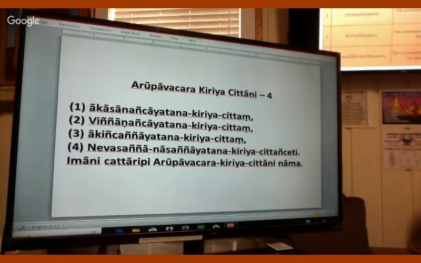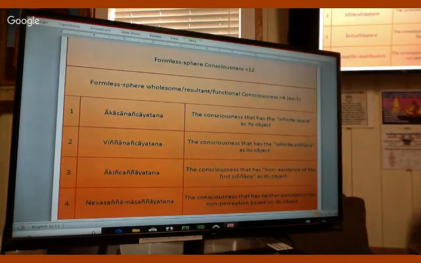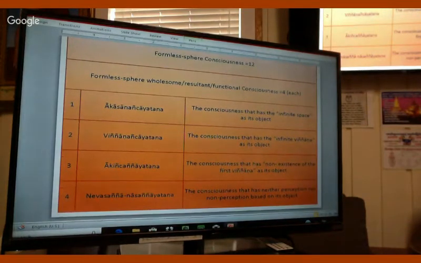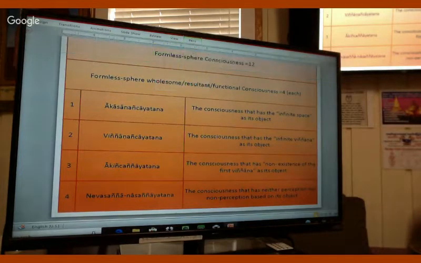Okay, so here I made a table to understand more clearly. I think that table is easier to understand. Four kinds of the formless-sphere consciousness. Here I put together 12 formless-sphere consciousness, each 4 in the wholesome, the resultant, and the functional consciousness.